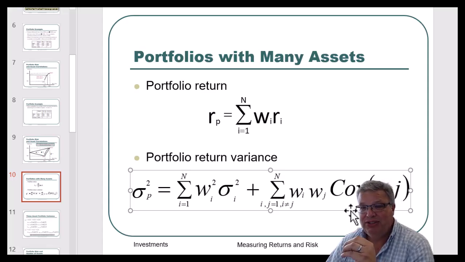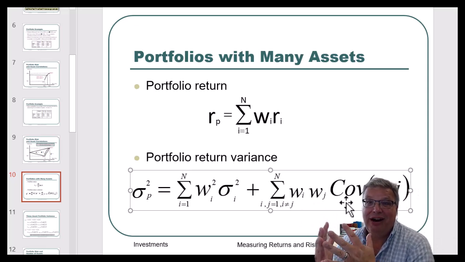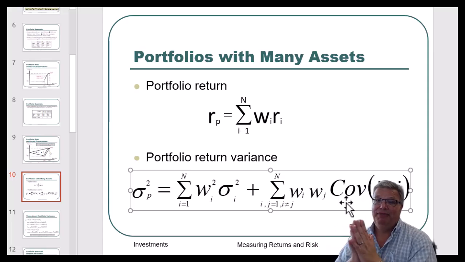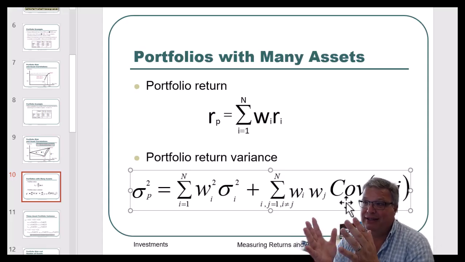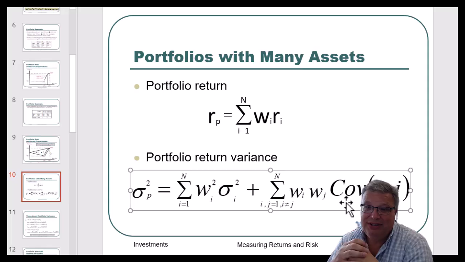So if you add 1 security to a portfolio that has 2 securities, you're going to have an extra 2 terms here. So when you add a security, the number of more terms in your equation depends on how many securities are already in your portfolio. And it becomes basically like a big matrix, a square, and something with like 10 stocks might have a total of 100 terms, because a matrix is the way we kind of visualize this.